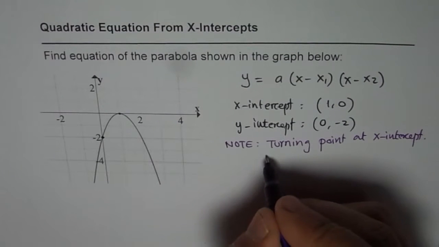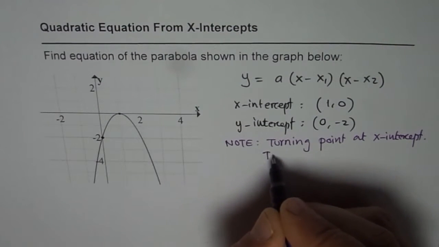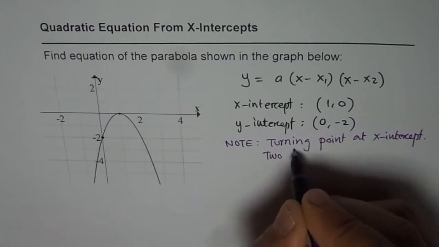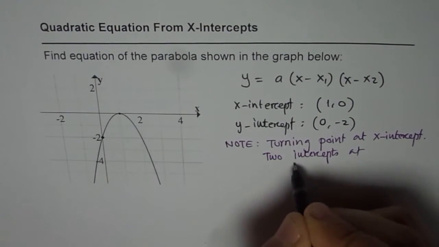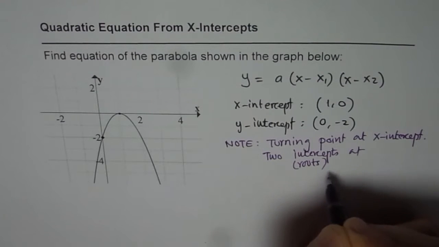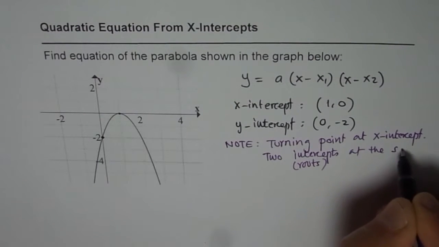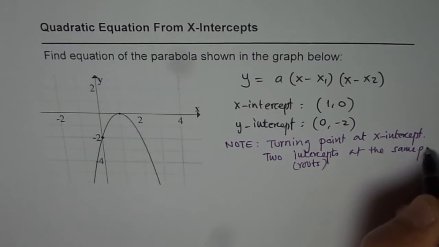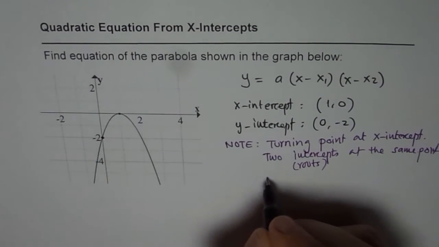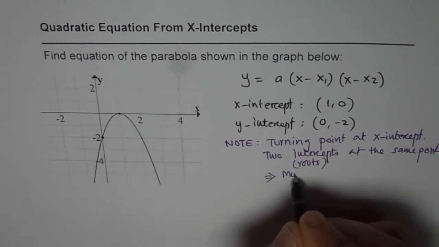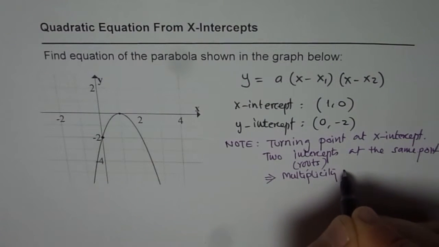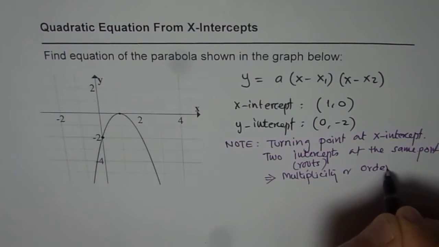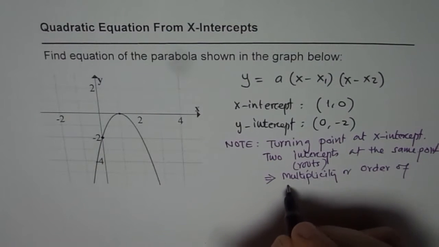That means we have two roots or zeros at the same point. We normally refer to this as multiplicity or order of zero.